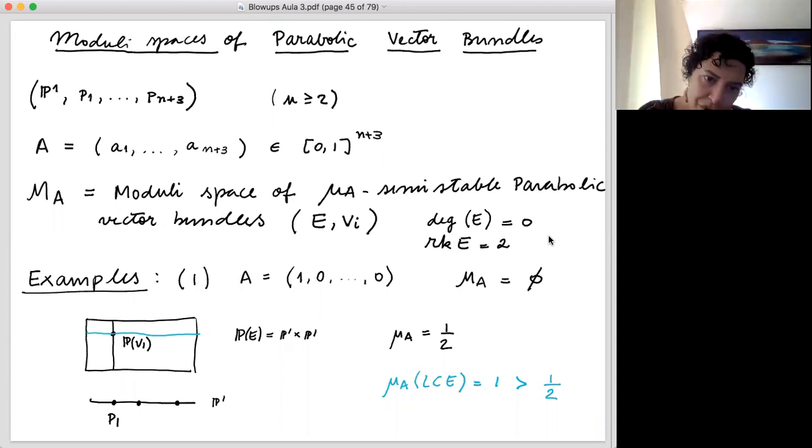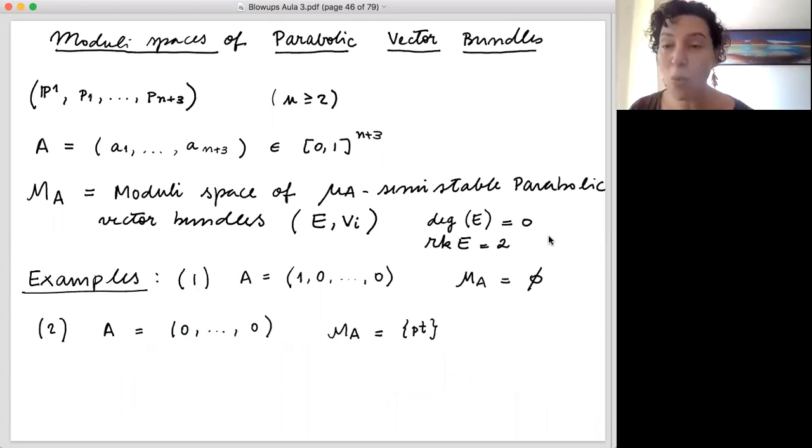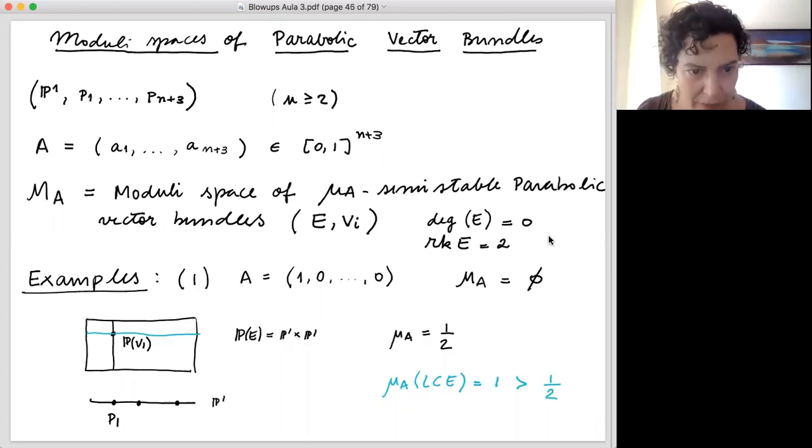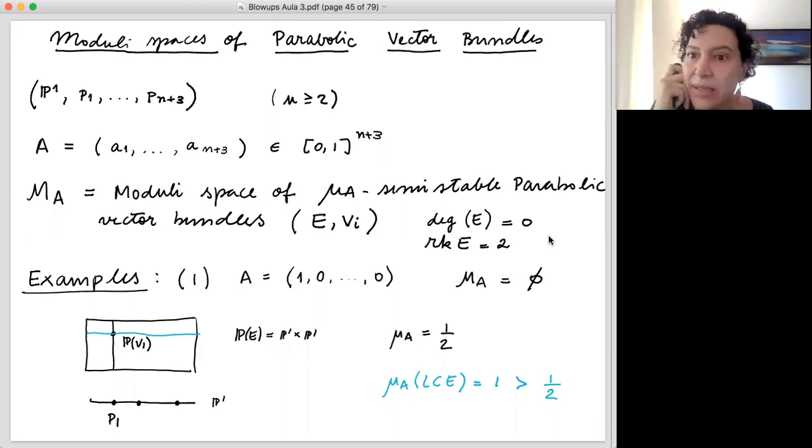Let me just discuss another case, when I take all the weights to be 0. In this case, the moduli space is a point. This is the picture from last time, and it still applies to this case. But now, because all the weights are 0, I always have a strictly semi-stable subsheaf L with the same slope.